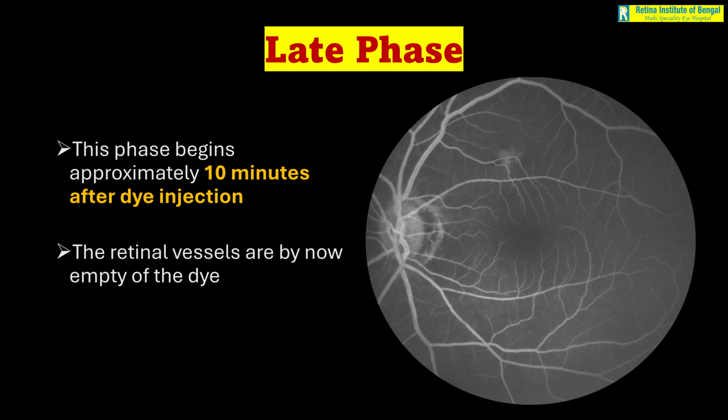Now if we remember all these phases, then while assessing a fundus fluorescein angiography image or video, we have to look at the time at which that video or photo was taken, because then we can estimate whether the dye has reached where it should have reached normally.